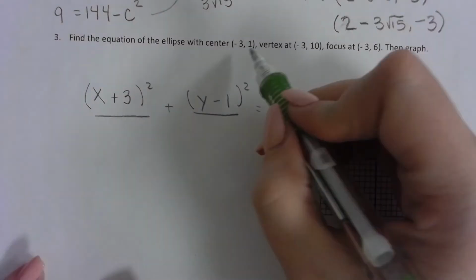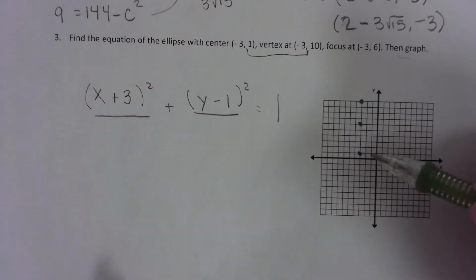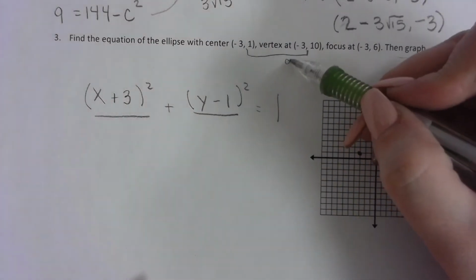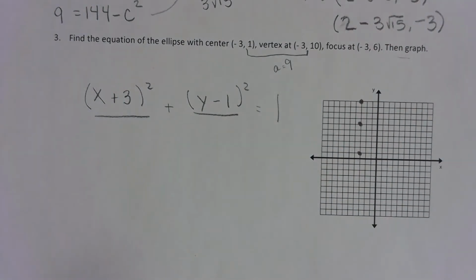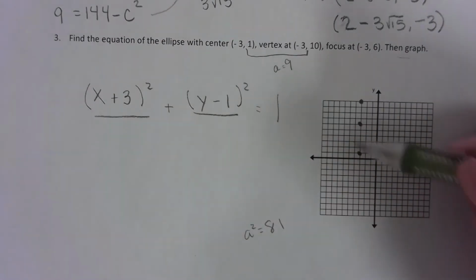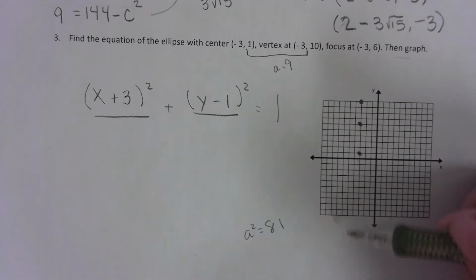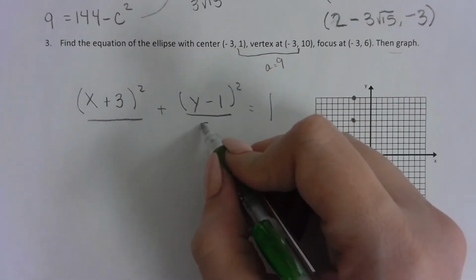So if I look at the center moving to the vertex, that's moving a distance of 9. So that tells us our a value is 9. So I know that a squared is then 81. And because this is elongated along the y-axis, that means the 81 is going to go with the y.